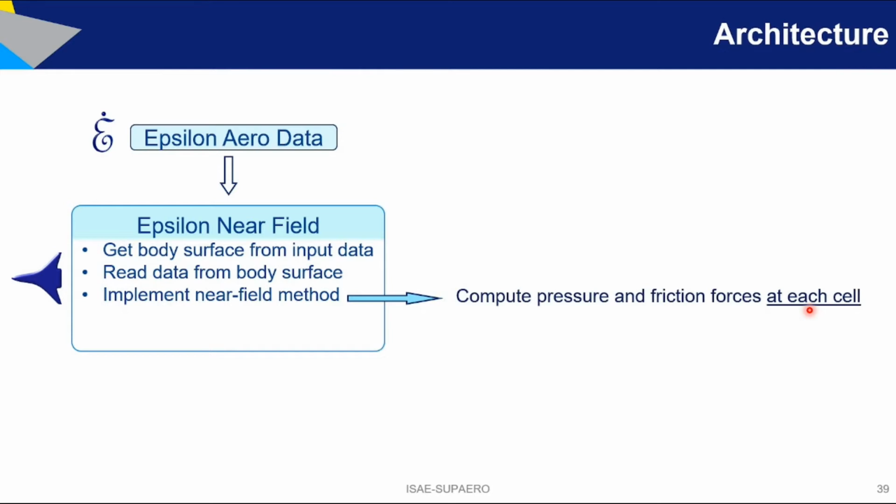For example, the static pressure at the surface will be available on a point basis. But in order to compute the near field forces in an accurate manner, we have to perform these operations in a cell-based operation. So internally, Epsilon Near Field generates a transformation from point data to cell data.